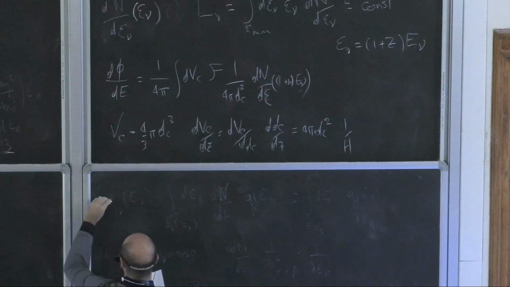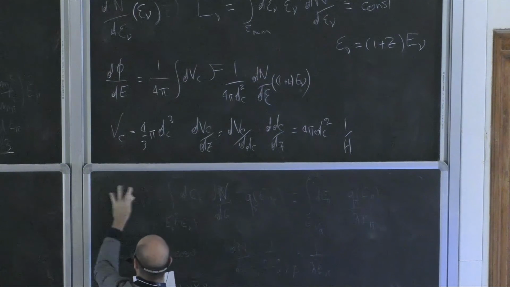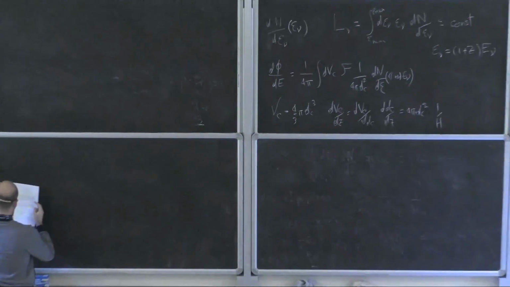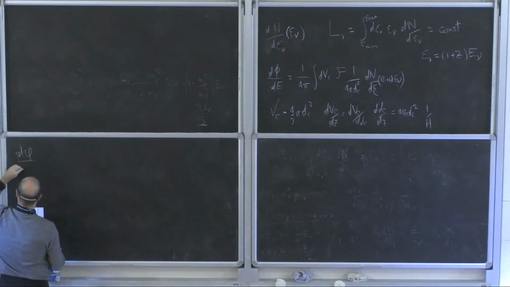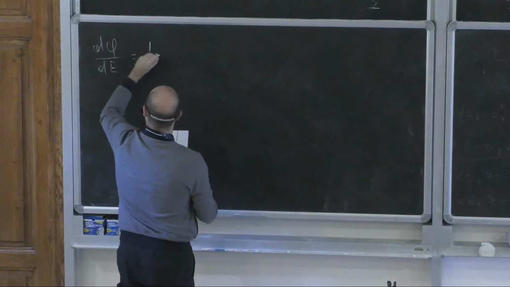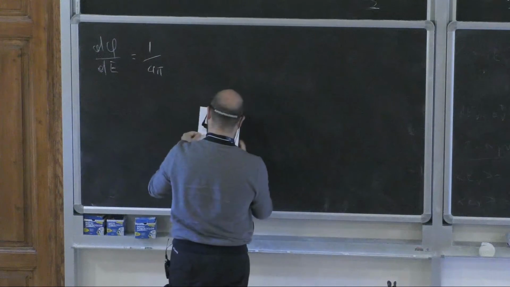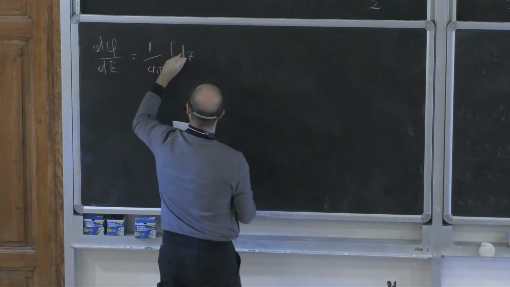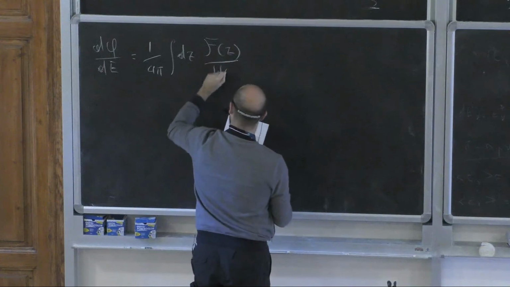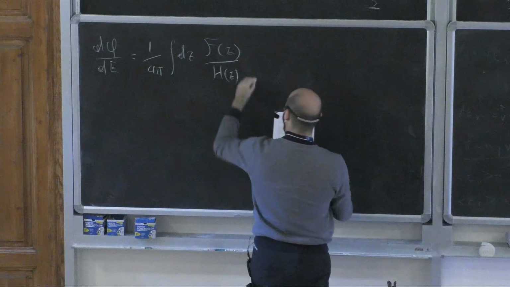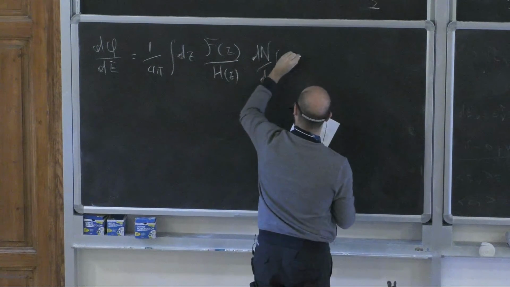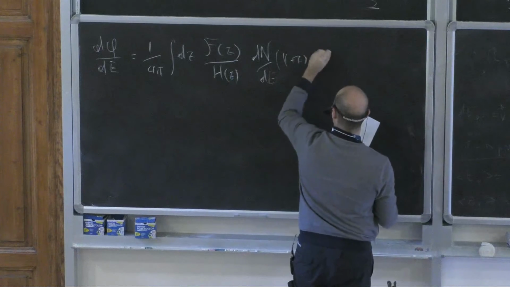So let me write that quantity this way. The flux with respect to energy, per unit solid angle, per unit surface, is going to be 1 over 4 pi, integral over dz of f of z over H of z, times dn over dE evaluated at 1 plus z times E nu.